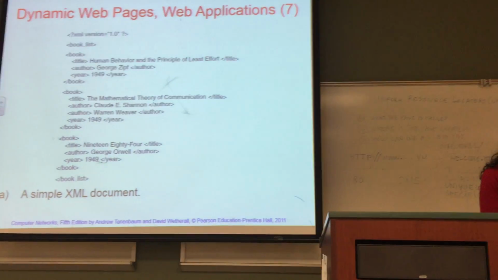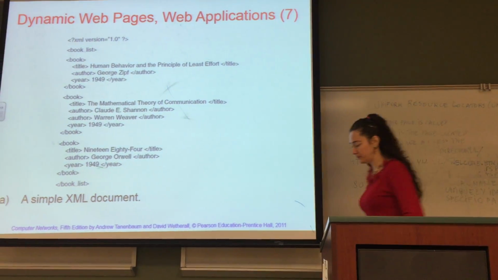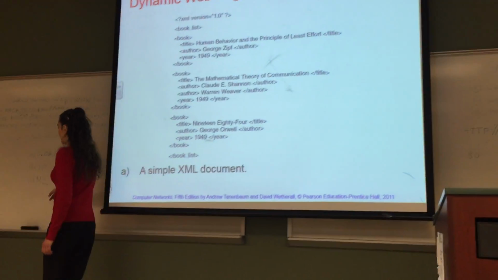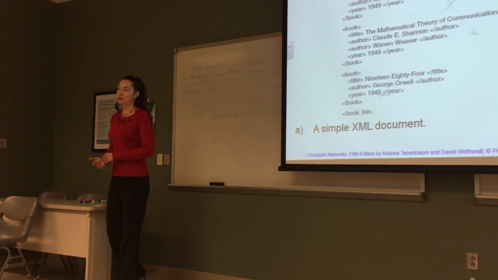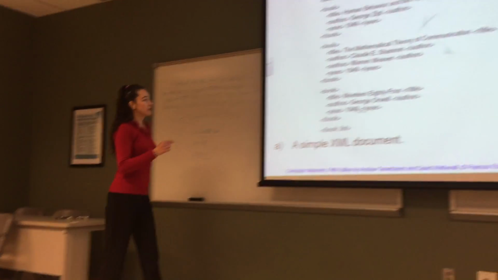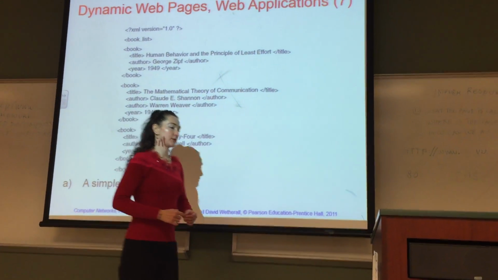Now, HTML is a markup language that specifies formatting. And the way it does that is by using tags. So let's say this text is bold, so it will start with a bold tag and end with a /bold closing tag.